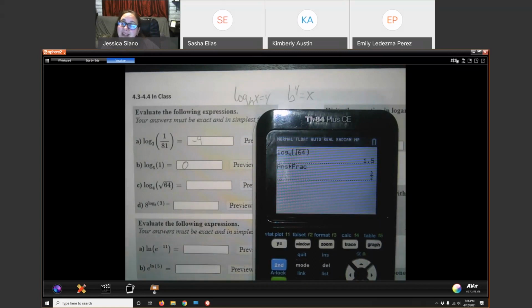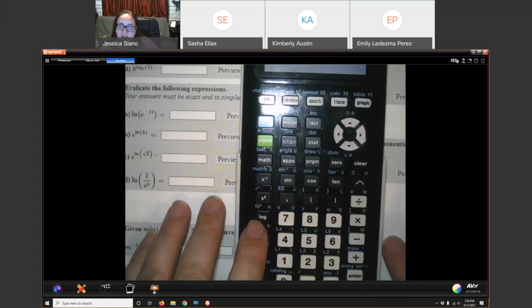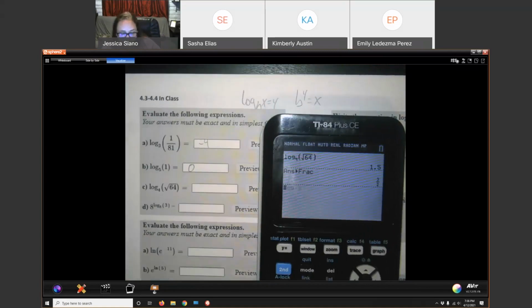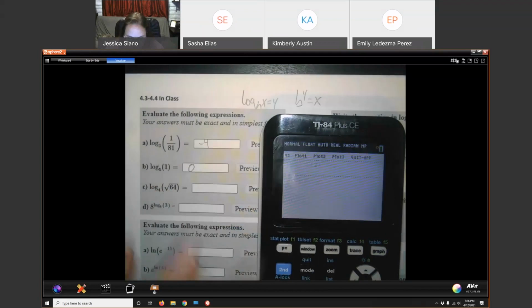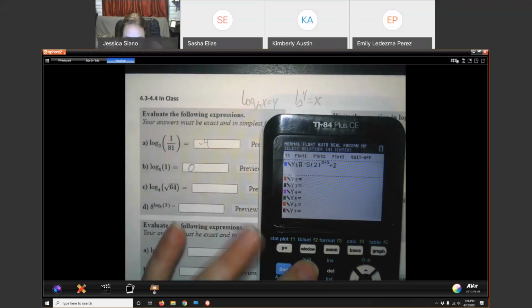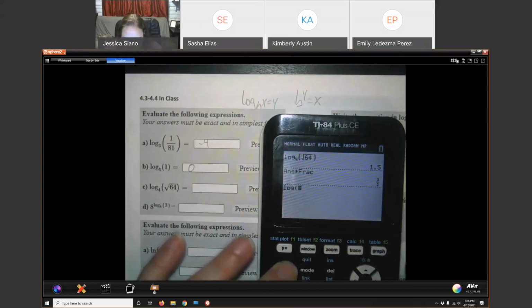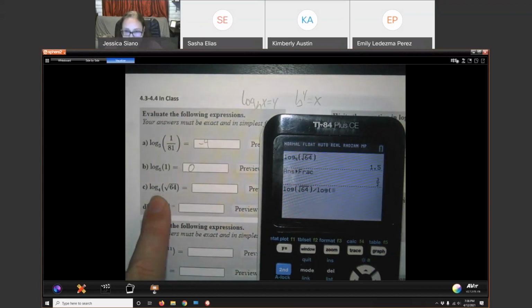Now, if you have a TI-83, then you need to use this log button that you have right here. You don't have the log base option in math. So you would put that in as the log of this number. So the log of the square root of 64, divided by the log of the base number.